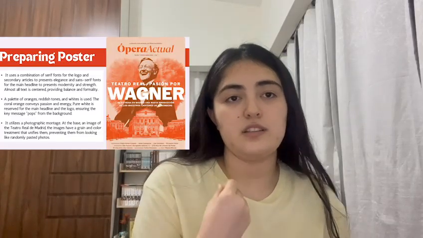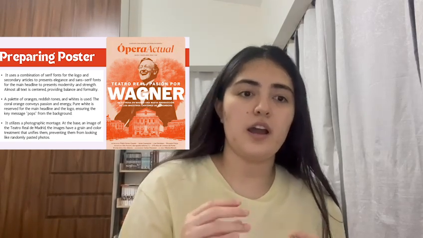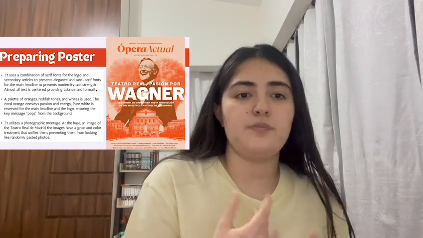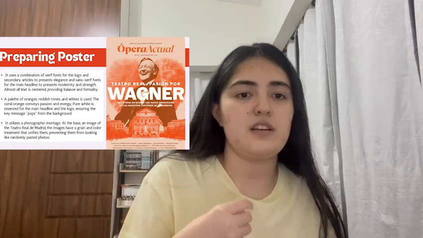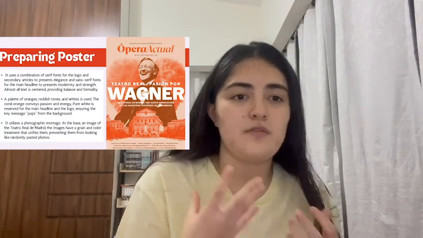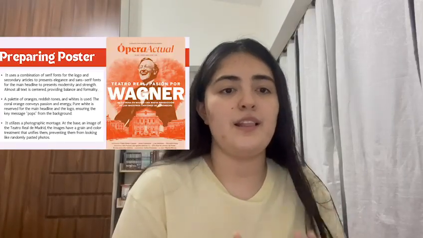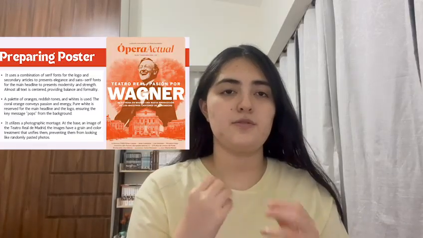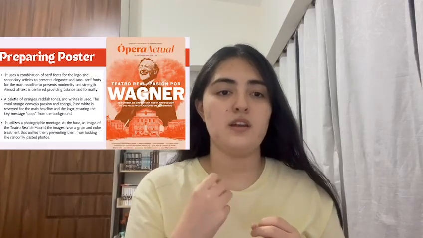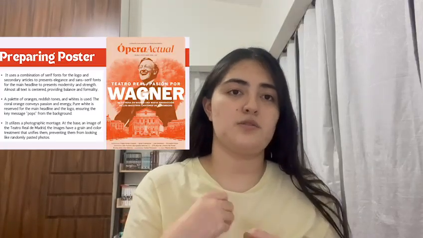To prepare the poster, for the fonts and text, a combination of serif fonts is used for the logo and secondary articles to present elegance, and the poster also uses sans serif fonts for the main headline to present modernity and strength too. In the colors, the poster uses a palette of orange, reddish tones, and also white.